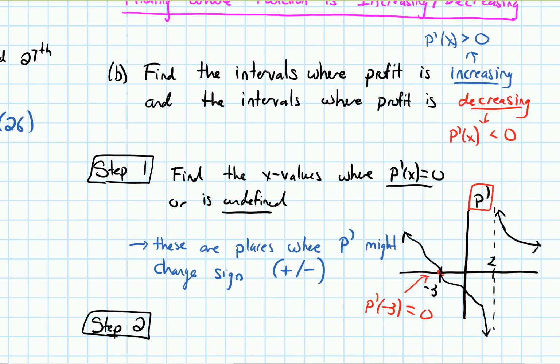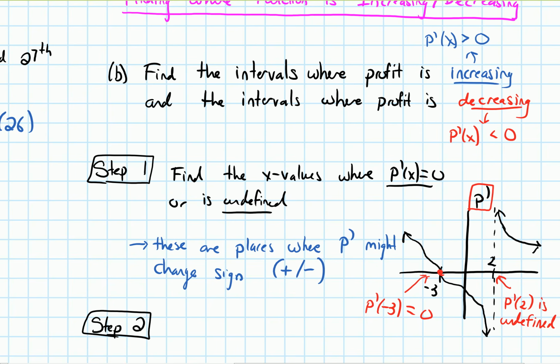But a function could also change sign at a value like 2, because at 2, p prime of 2 is undefined. So when there's a place like that where my function is undefined, my function could change sign, and that happened in this graph. It changed from being negative on the left-hand side of 2 to positive on the right-hand side of 2. And again, this is the graph of p prime, not the original function p.